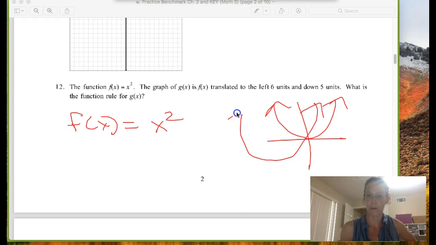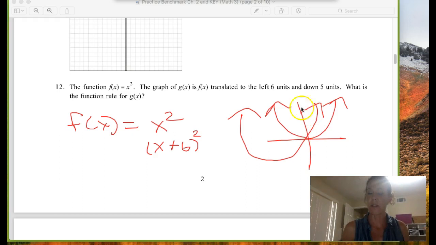It's basically this. I'd like to translate it to the left 6 units and down 5 units, so it's over here. When I translate to the left, that is inside the parentheses. That's our x value. When we go inside the parentheses, it's always opposite the direction you think. So left 6 units means I add 6 units inside the parentheses, and then I square it.